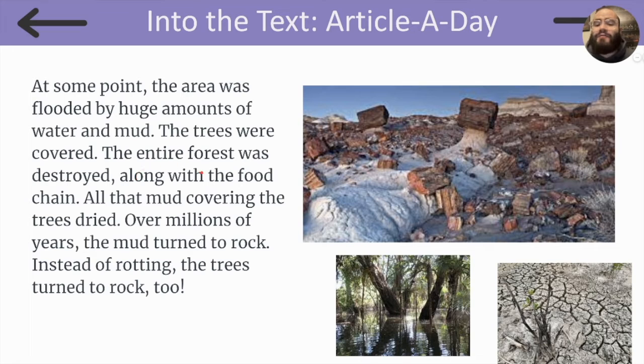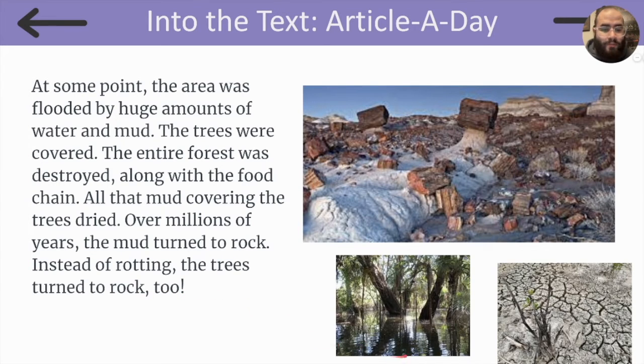The entire forest was destroyed along with the food chain. All that mud covering the trees dried. Eventually, this water became mud and dried. Over millions of years, the mud turned to rock. Instead of rotting, the trees turned to rock too.